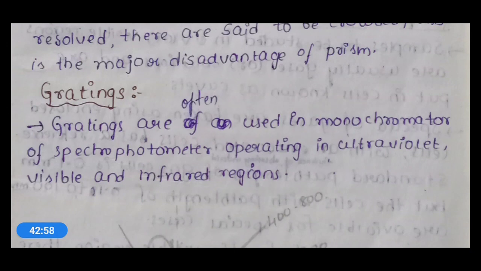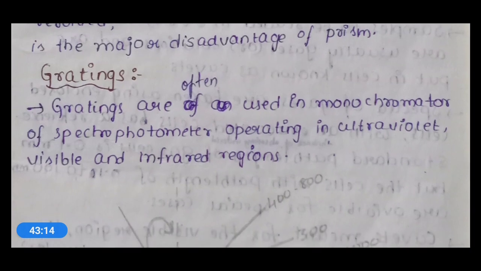Hydrogen and deuterium lamps are the best sources for UV radiation. Coming to visible radiation, the tungsten filament lamp is most widely used, and in a few rare conditions a carbon lamp is also used as a visible radiation source.